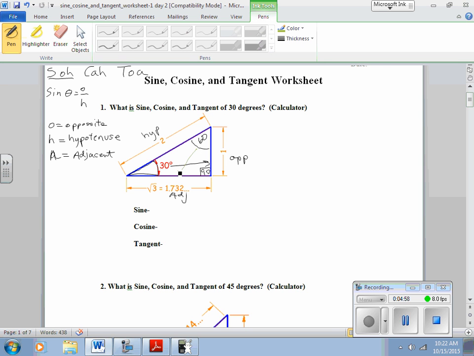So from there, this becomes the opposite if I'm using the 60-degree angle, okay? Then this side becomes the adjacent if you're referring to the 60-degree angle, okay? We're not going to use the 60-degree angle, okay? We're going to use the 30, okay?